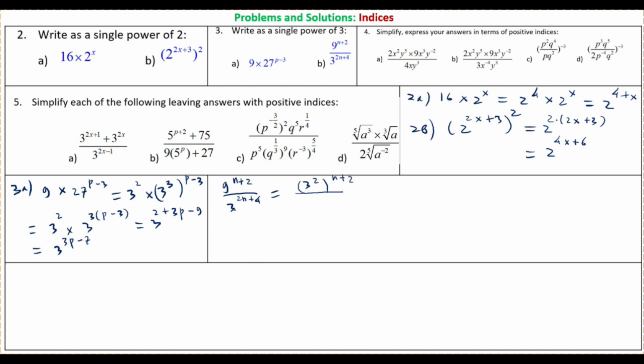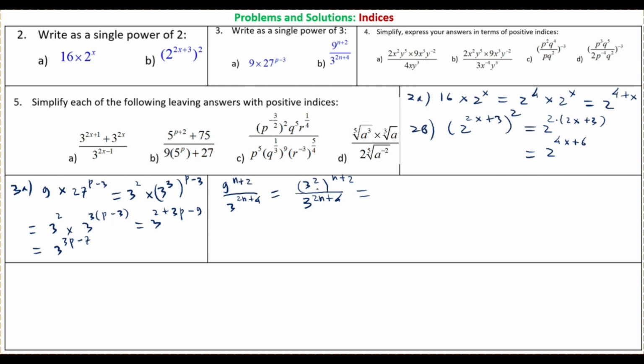And then we have 3 to the power of 2n plus 4. We just leave it as it is for the time being.